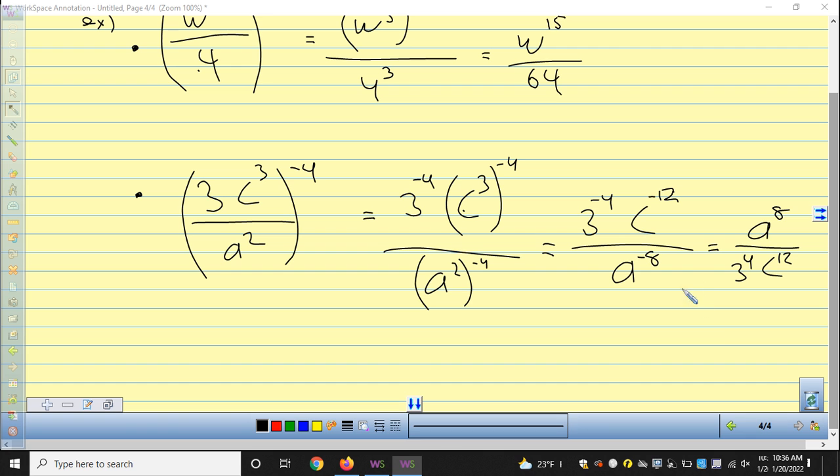And then we could write 3 to the 4th: 3 times 3 is 9, times 3 is 27, times 3 is 81. So this would be my final answer after we simplify everything.